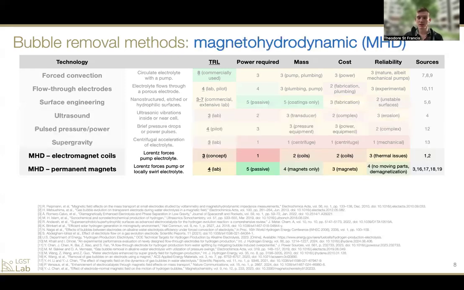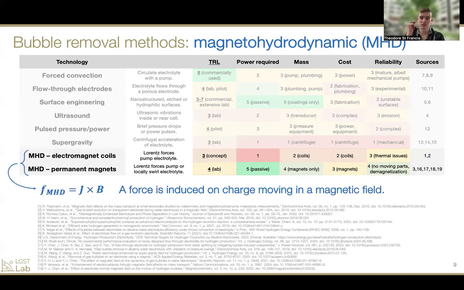And then finally, the magnetohydrodynamic techniques rely on inducing a Lorentz force in the electrolyte by the presence of a magnetic field, thus accelerating the bubbles with the bulk electrolyte along the direction of the Lorentz force vector, which is J cross B, J being the current density and B being the magnetic flux density fields.